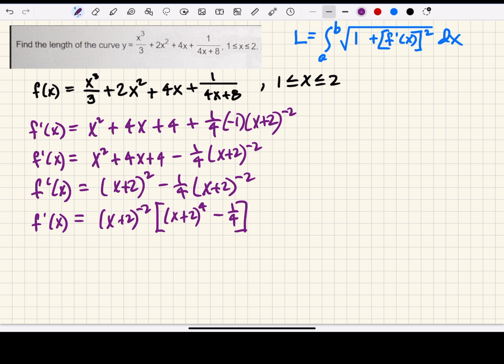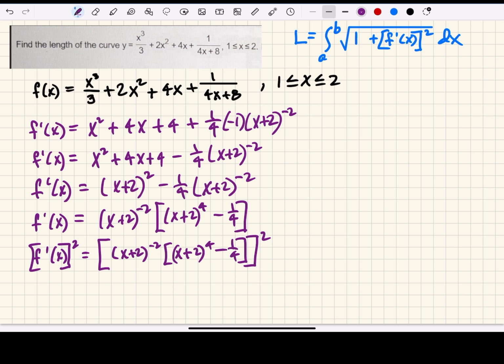Now, according to the formula, we would square this. So f prime of x squared would be the square of this quantity. Now, let's see. We have two factors here, and the rule for raising a power to a power is that we would multiply exponents.